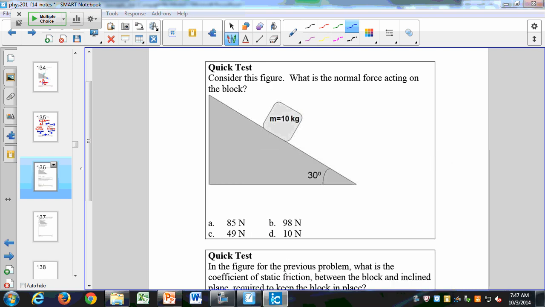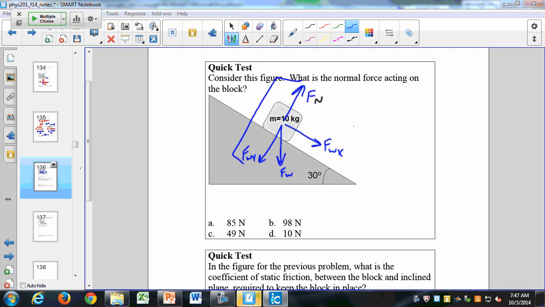So, I have my weight here. My weight is broken up into a y component and an x component. And the normal force is there. The normal force is going to equal that y component of the weight.